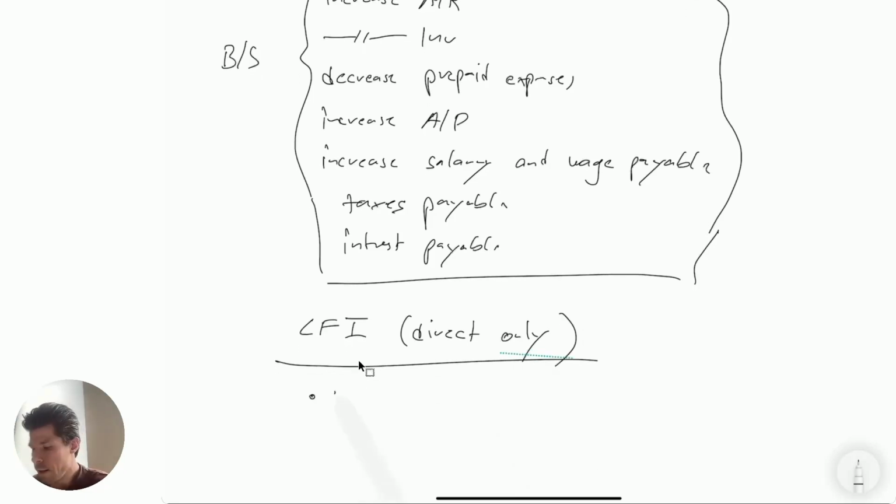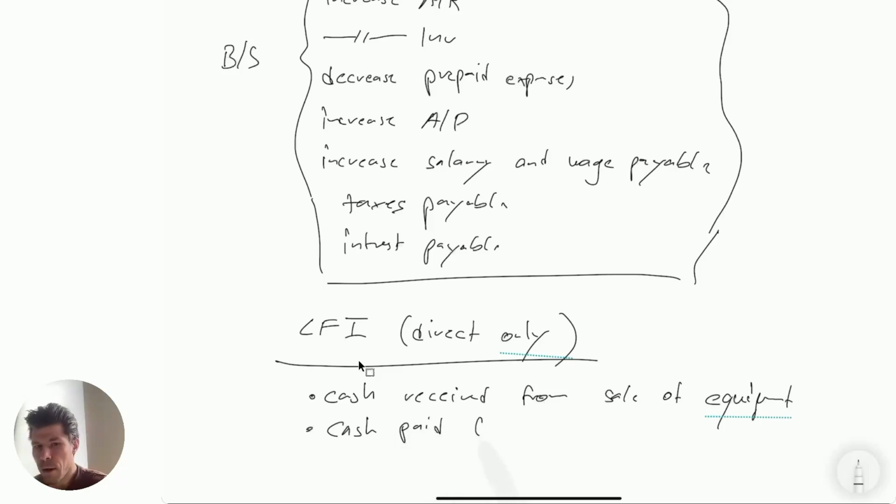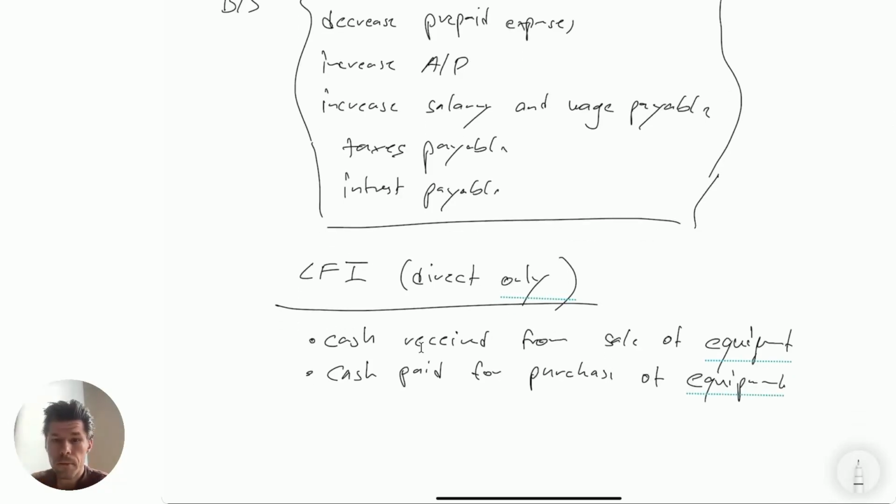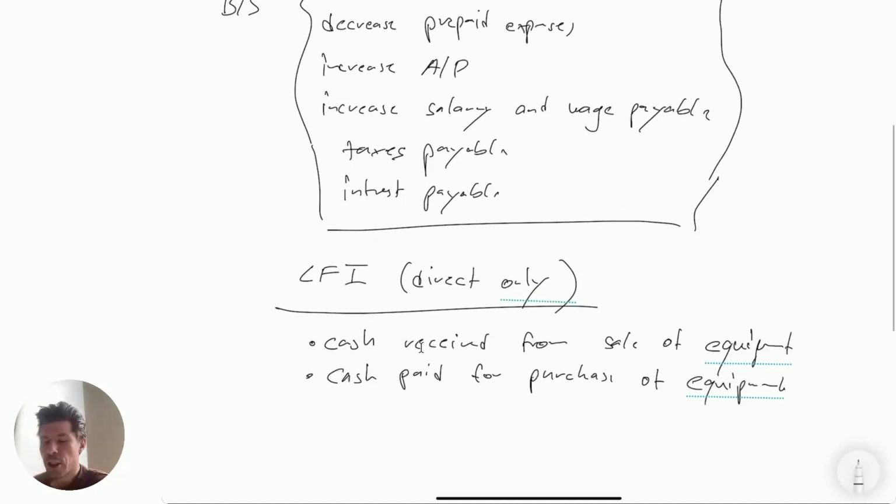Here we have cash received from sale of equipment and cash paid for purchase of equipment, and this is really cash inflow and cash outflow.